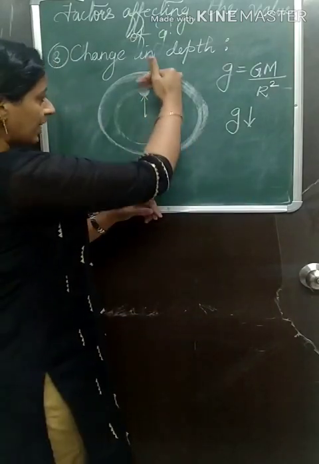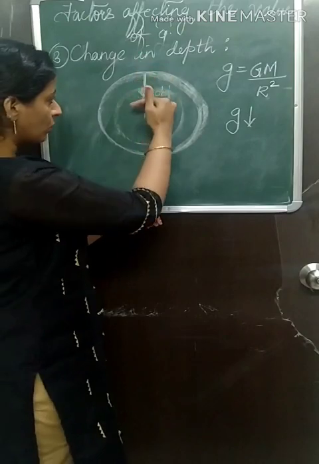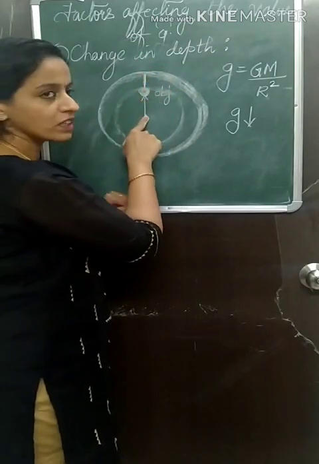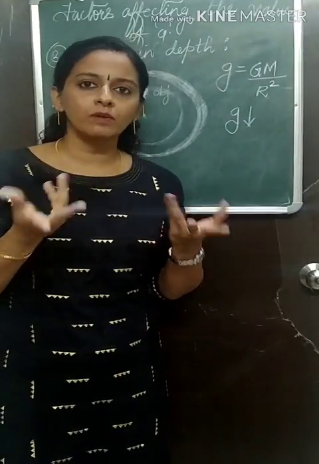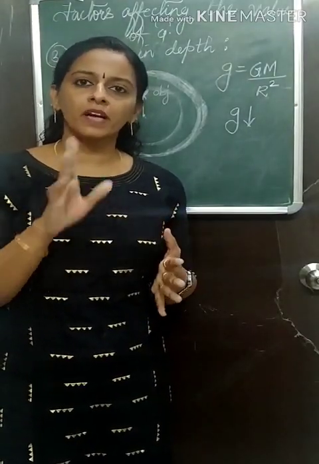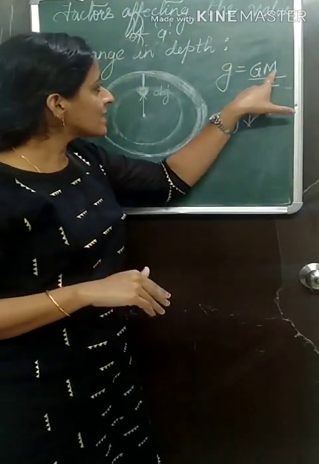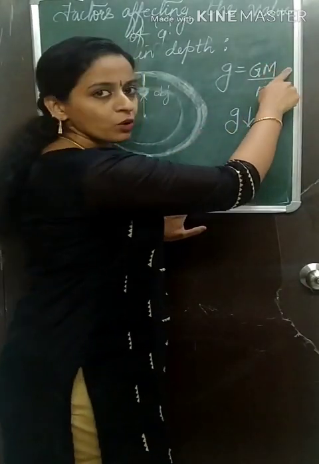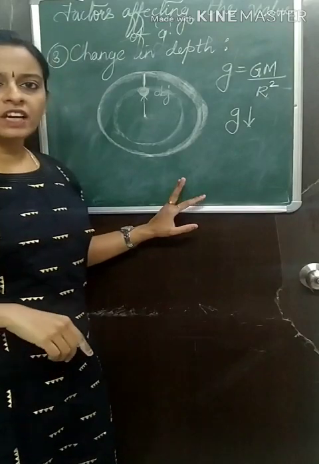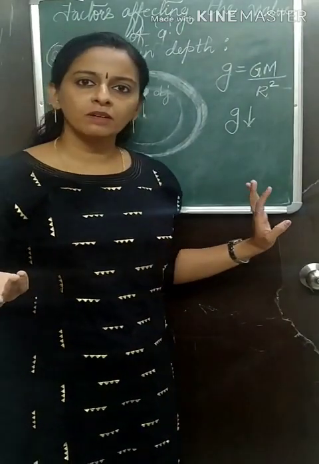So as you go deeper and deeper and reach the center of the earth, the contributing mass also decreases, no? Somewhat it will become zero. So mass is becoming zero. So what will be the value of G? Any number multiplied by 0 will be 0.